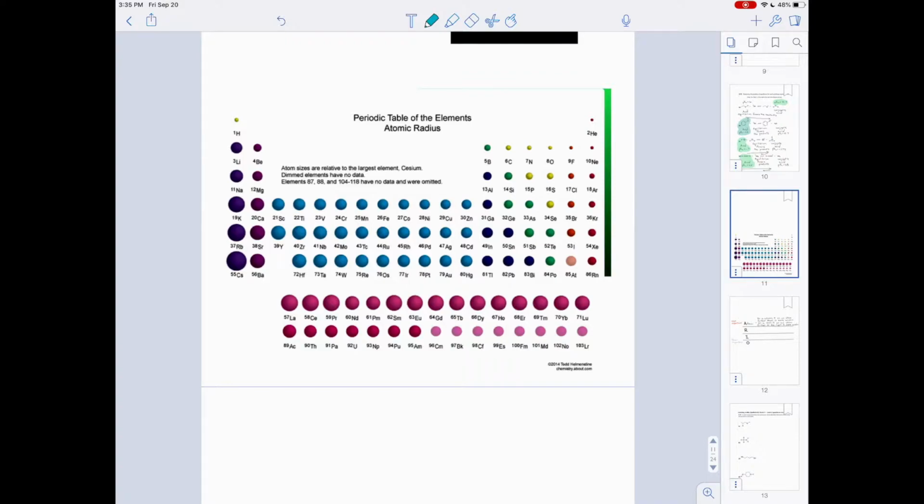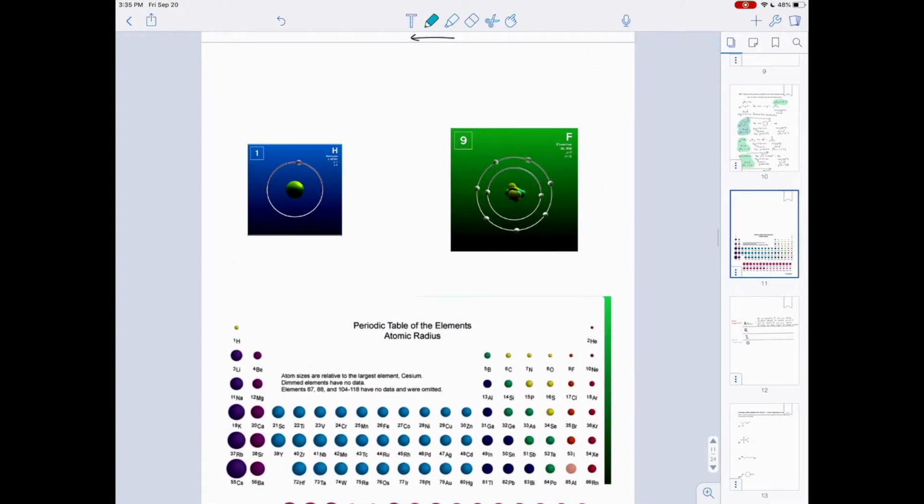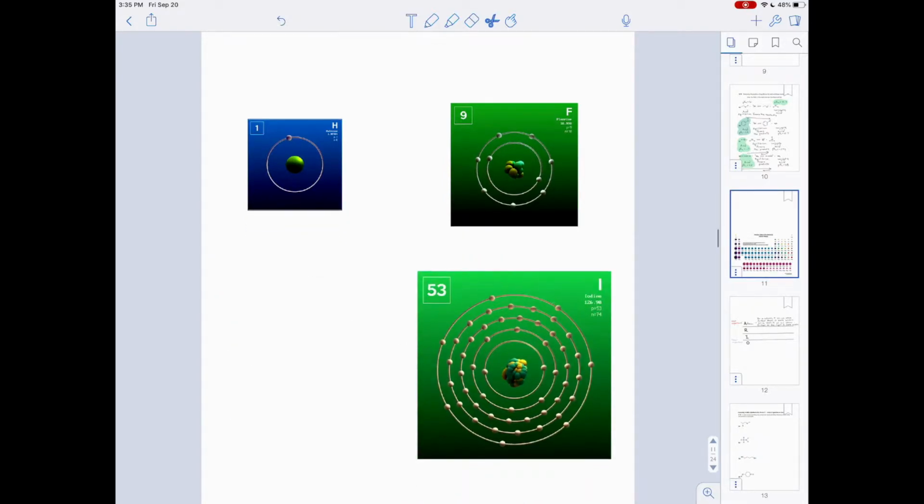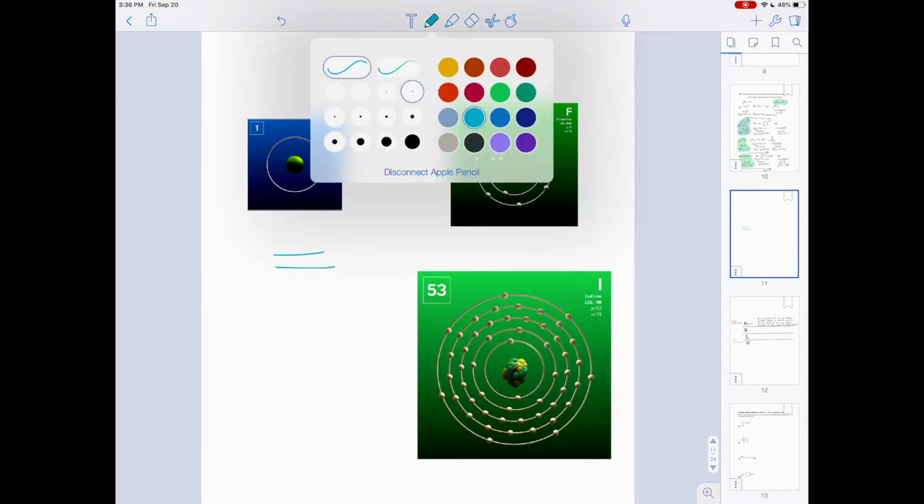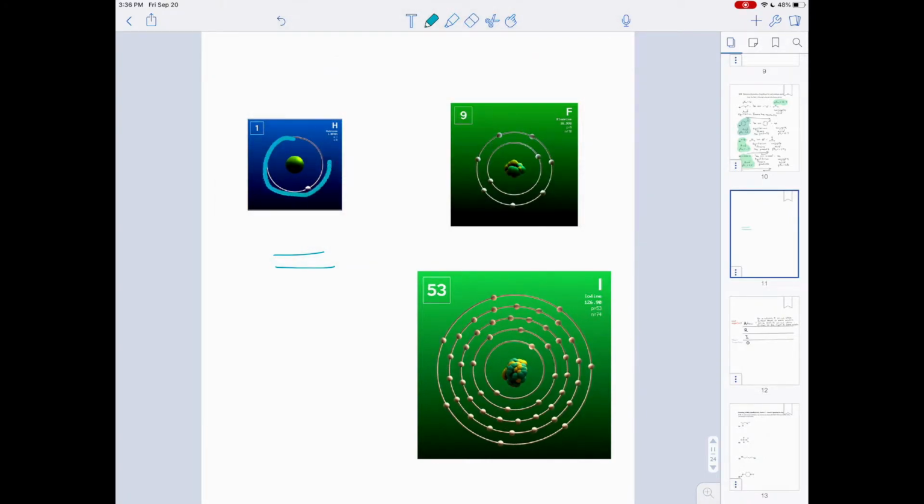Because you have a new shell, right? Electrons wrap around the nucleus of an atom in layers, sort of like layers in an onion. And so as you go down, the number of layers gets larger. Every column in the periodic table represents a new one of these layers. So you go down to the second column and you get 2 layers, and as you go further down, you get even more layers. And so the atoms get bigger.